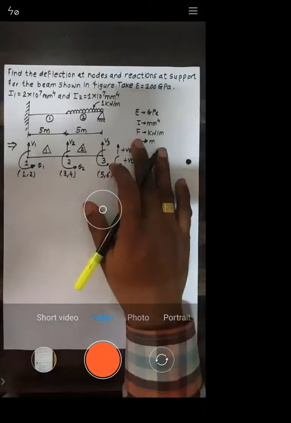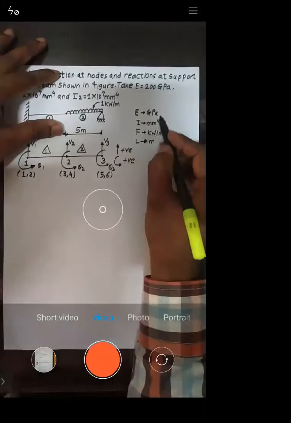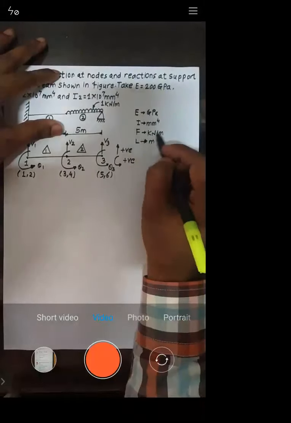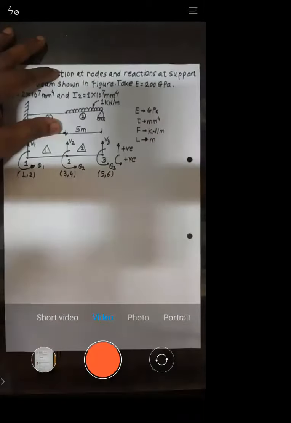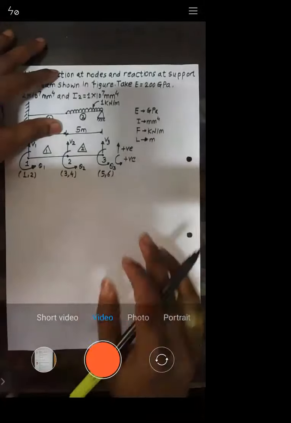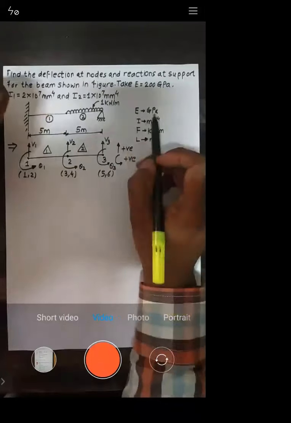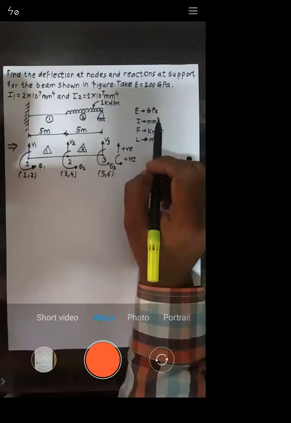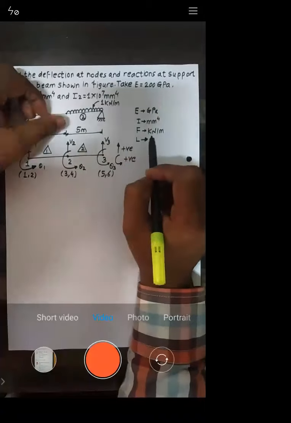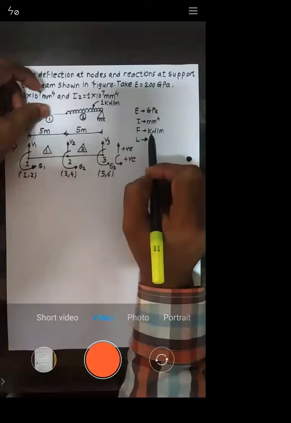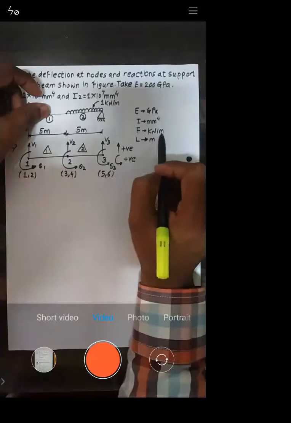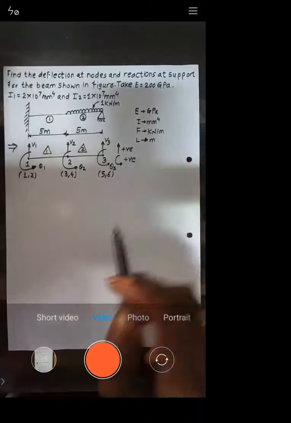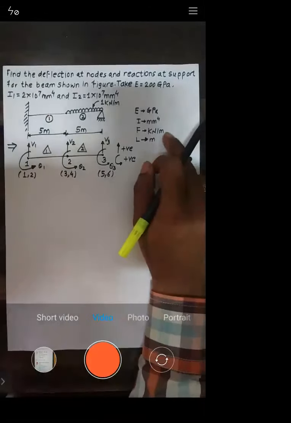So what I will do here is, see, if this is in gigapascal, this is okay. Mm raised to power 4 is okay, because gigapascal itself is kilonewton per mm square, right? Meaning of gigapascal is kilonewton per mm square. So this is again okay, but the load is to be converted from kilonewton meter to kilonewton per mm, and the length is again required to be in mm.